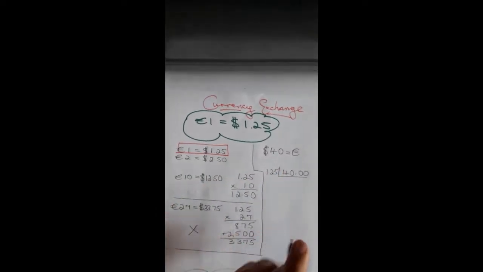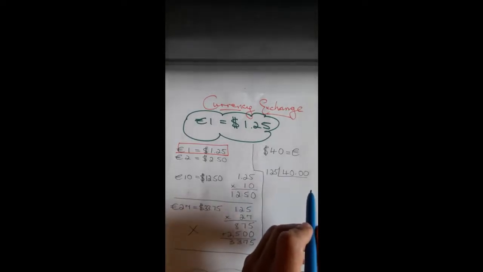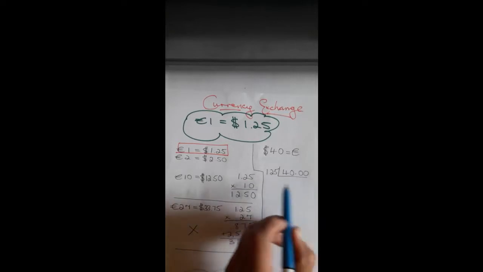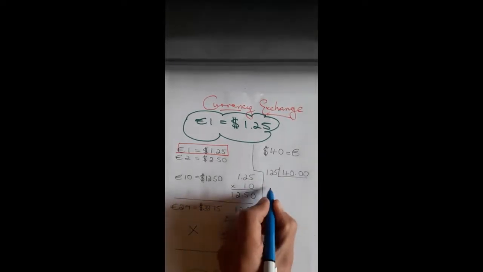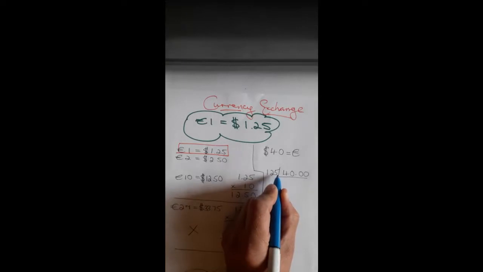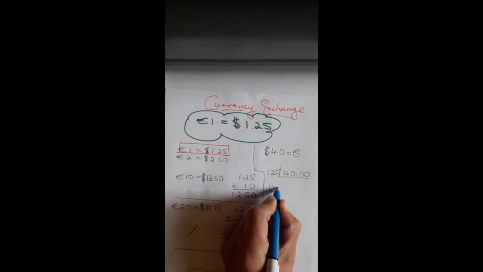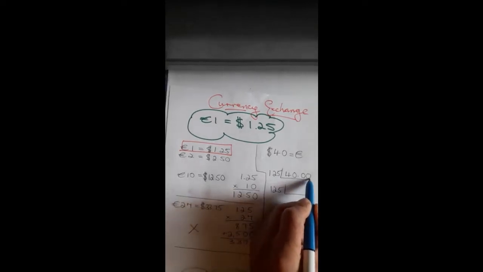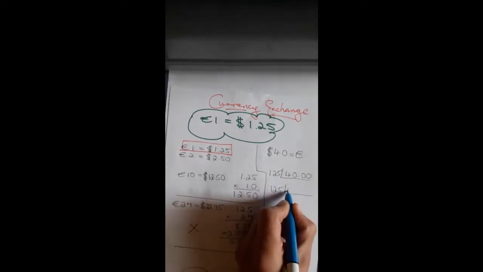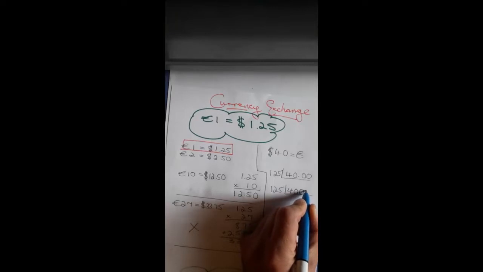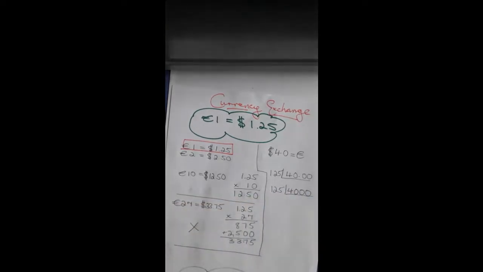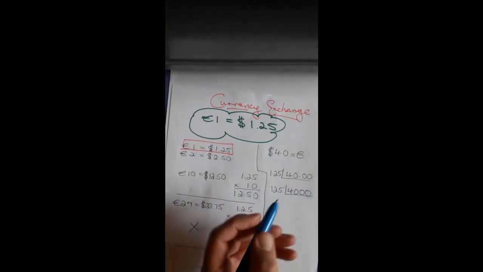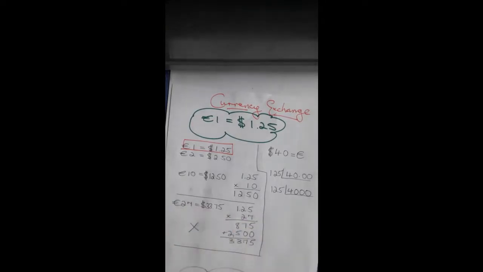Now we know that when we divide by a decimal, we take out the decimal, so that this number becomes a whole number. But whatever we do to this number, we have to do to this number. So I'm going to move the decimal point 2 places to the right. So this number is going to become 125. I have to do the same to this one. I'm going to move it 2 places to the right. And this number is going to become 4,000.